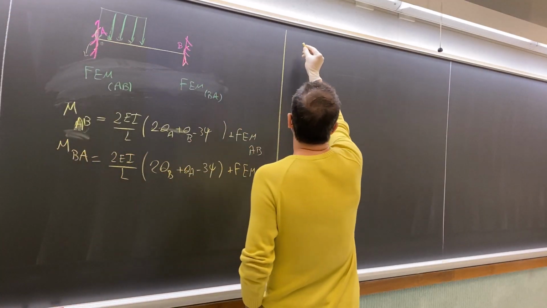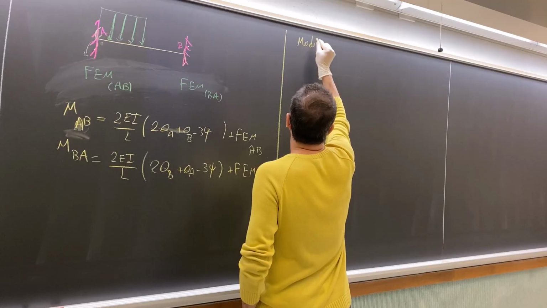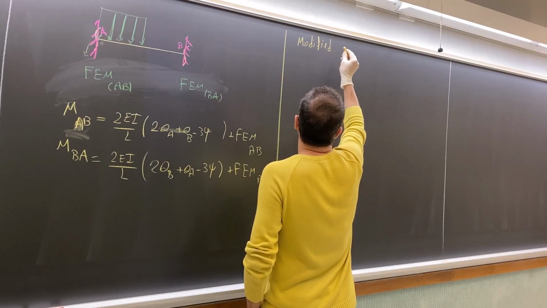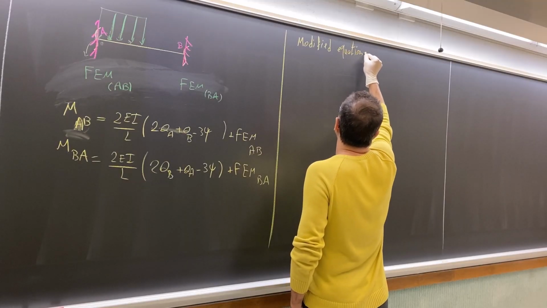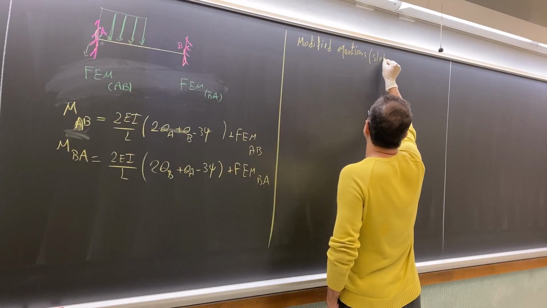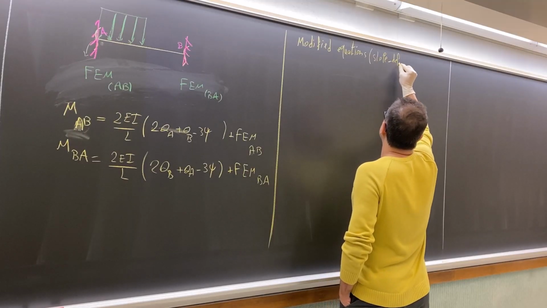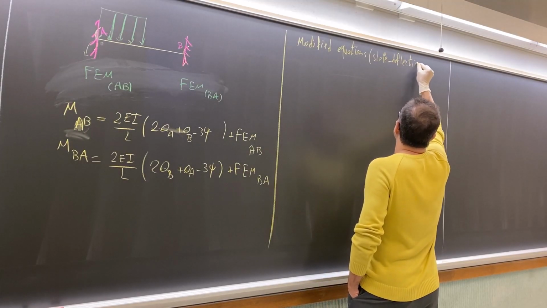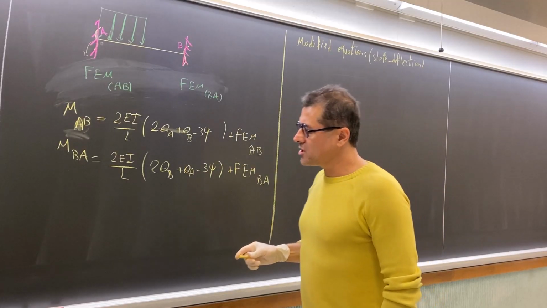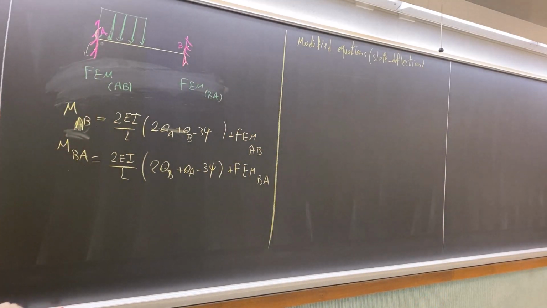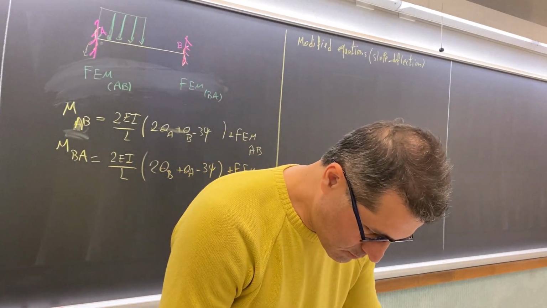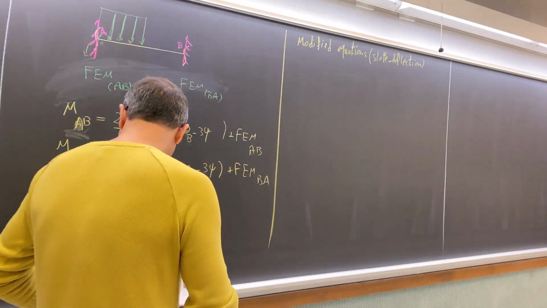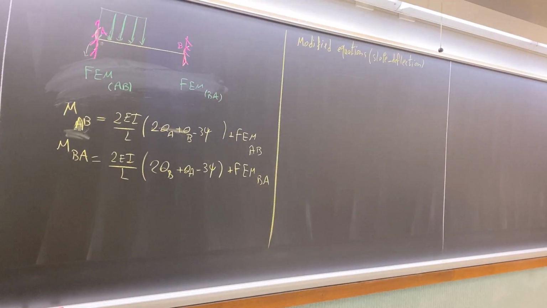So that one is called modified equations for slope deflection. And that modification comes when we already know one end of the member is a roller or a pin. Any question? Yes? No?